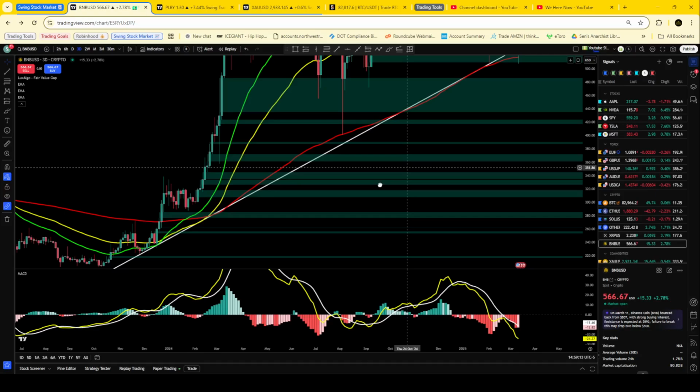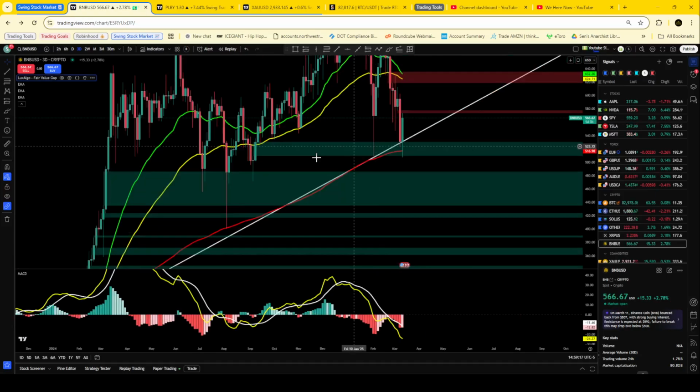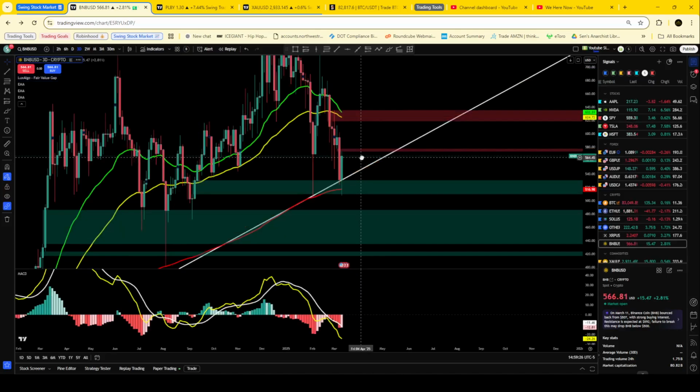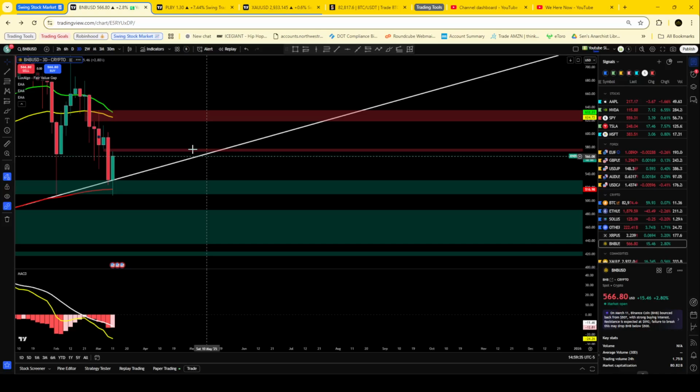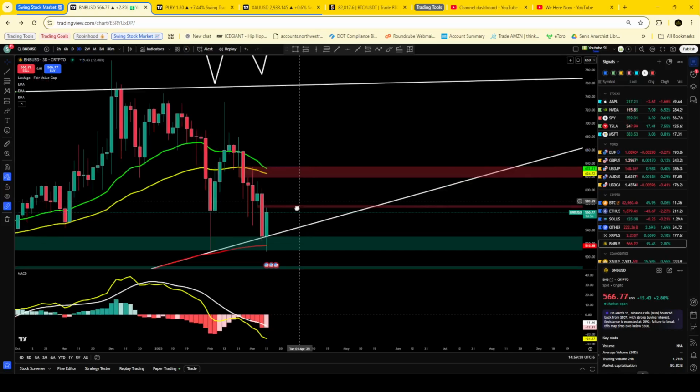Bounce off the 200-day EMA. Basically the only time it really went in here was into this fair value gap. The reversal candle is more than half of the previous candle. That's a good sign. That means that a reversal was coming.